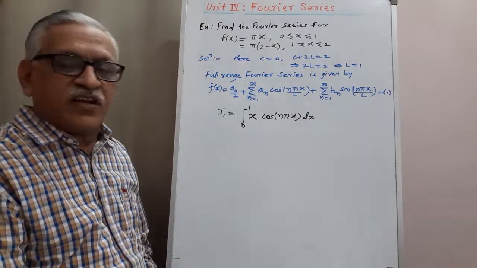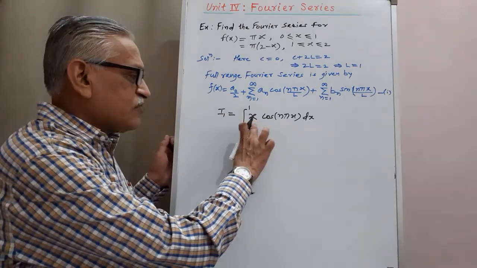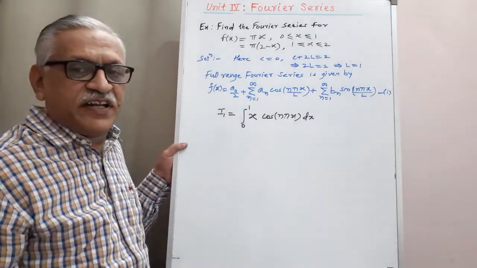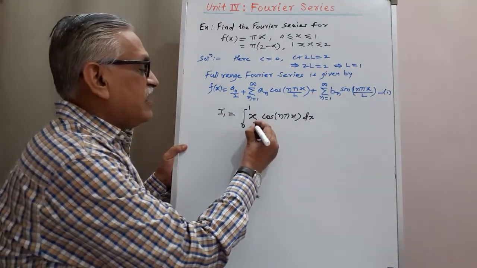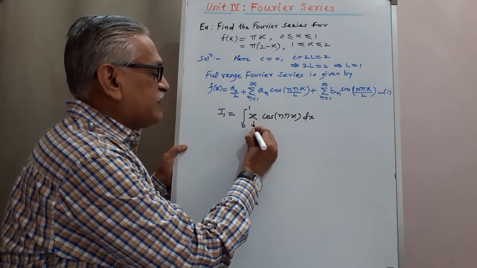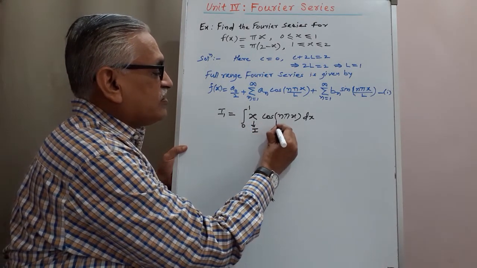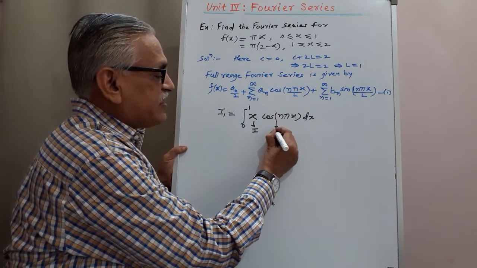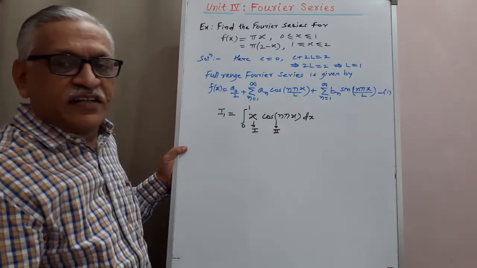This integral we are calling I1. It is the product of two terms of x, and therefore we integrate it by generalized parts. x must be the first term as it is algebraic type, and cos is trigonometric type, therefore it is the second term.